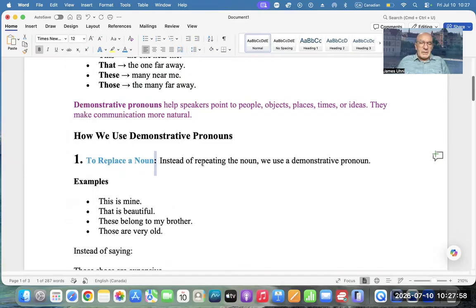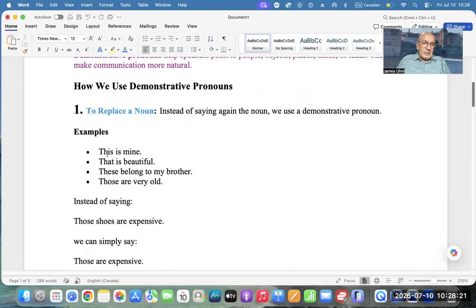Instead of repeating the noun, saying the noun again, we use a demonstrative pronoun. Examples. This is mine.